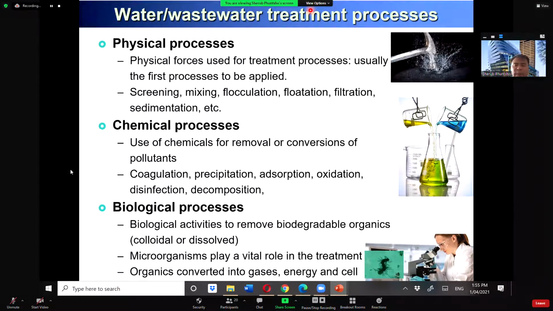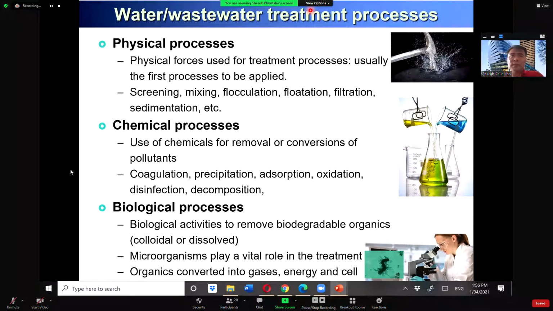And biological processes depend on, the target for the biological process is basically the organic matter. So organic matter is a source of food for the microorganisms. So we have a lot of bacteria actually. Sometimes bacteria are seen as quite humble, but most of the millions of bacteria that we encounter are also very, very useful bacteria.